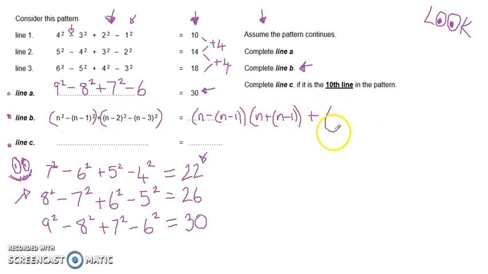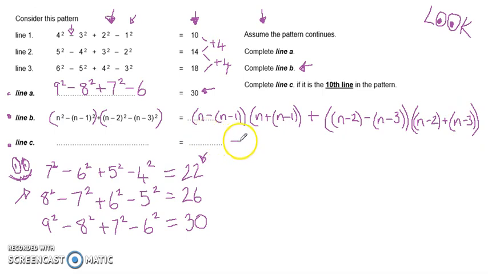So the other one is also a difference of 2 squares, n minus 2 minus n minus 3. And because it's a difference of 2 squares, we've got to put the addition in the next one. And then we just have to multiply within the brackets. So let's do that.